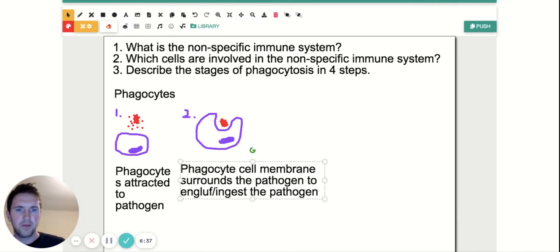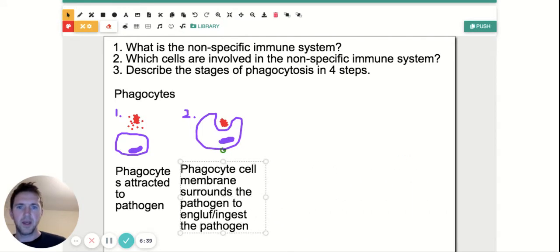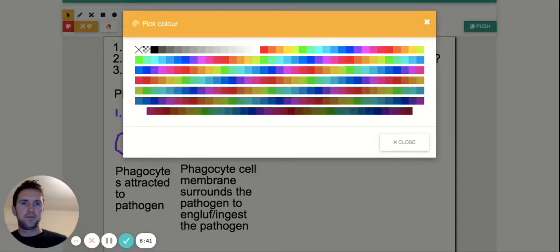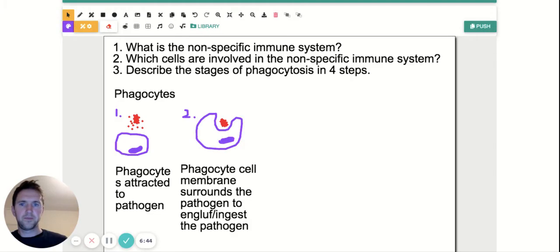Step 3. It's not easy to write numbers with this pen. It's not easy to do anything with it, but anyway. That membrane will eventually fuse. It will form something.